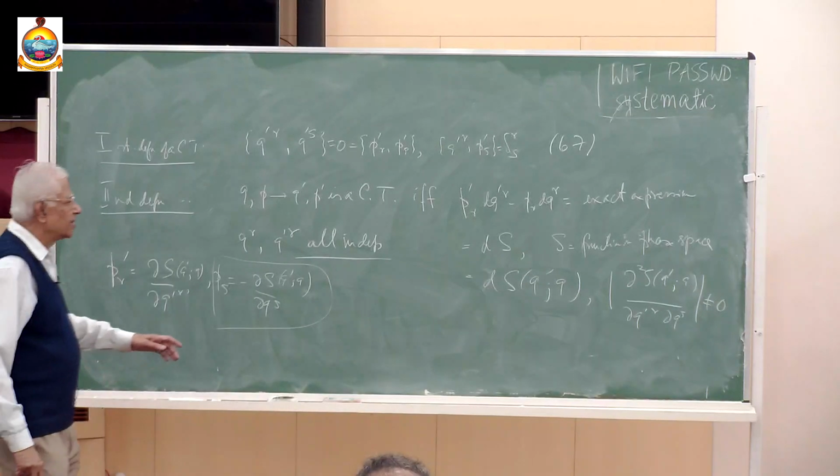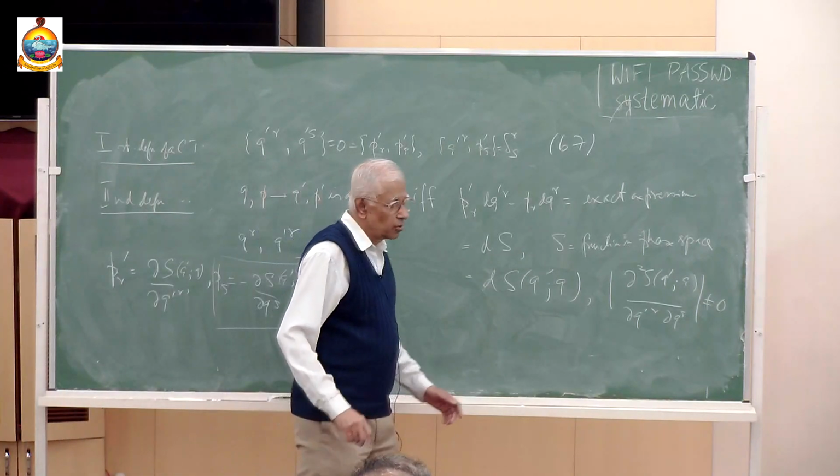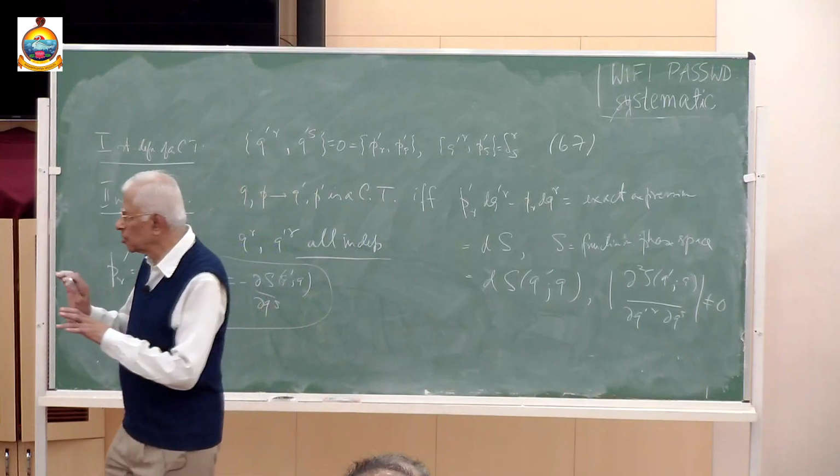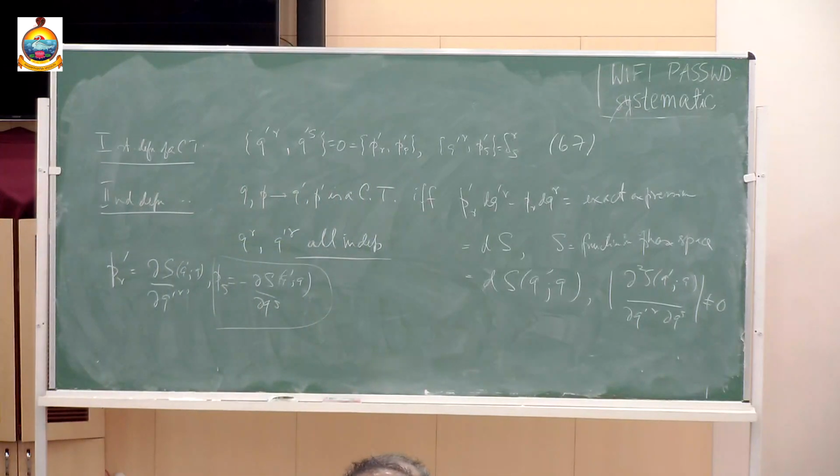So now I can complete the story. You have coordinate variables q and p in phase space. You want to construct an allowed transformation, a canonical one. You don't know yet what q prime and p prime are. Here is the recipe. Choose any function S of at the moment unknown q primes and q, obeying that Jacobian condition.